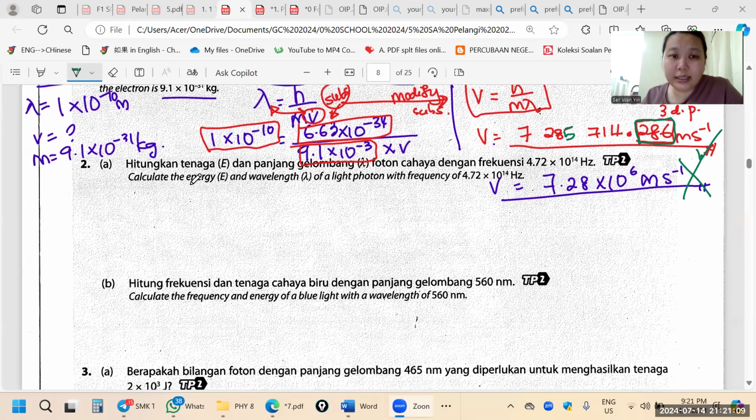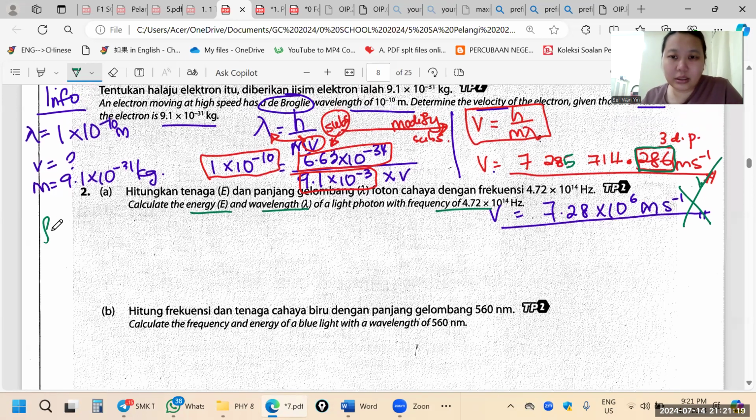Alright, so now calculate the energy and wavelength of light photon with frequency of this. Frequency is 4.72 times 10 powers of 14 hertz. Energy don't know, wavelength don't know.